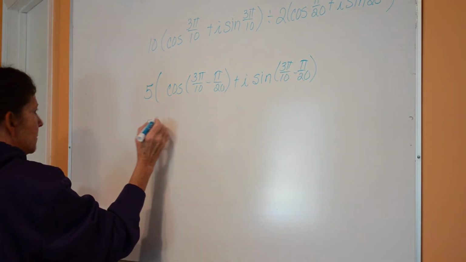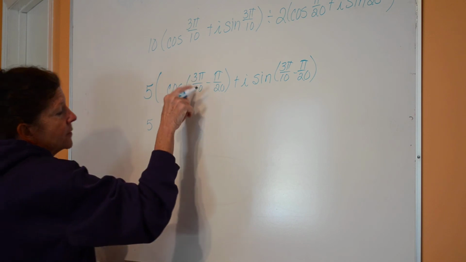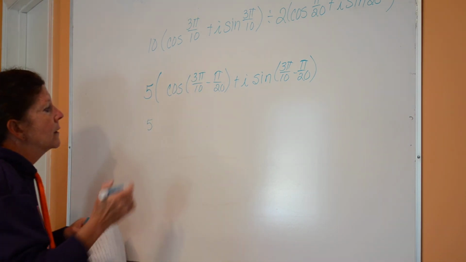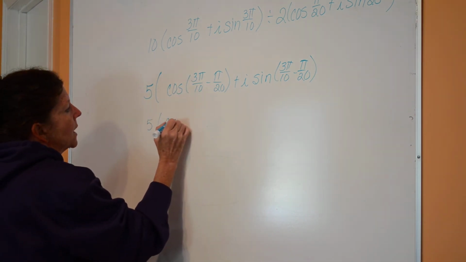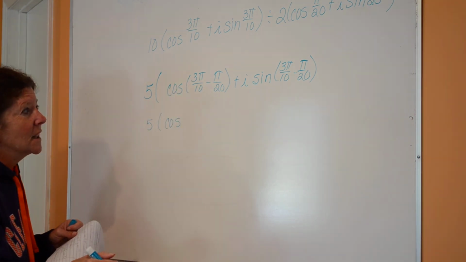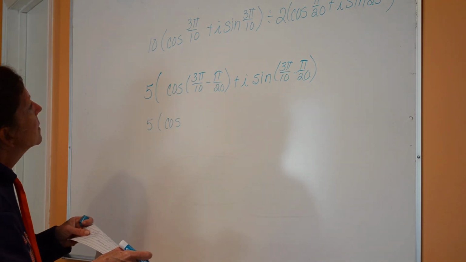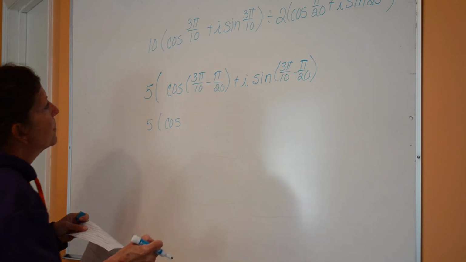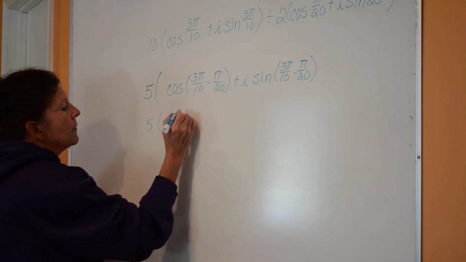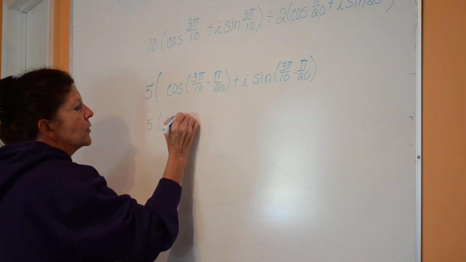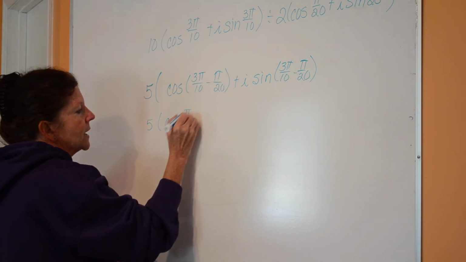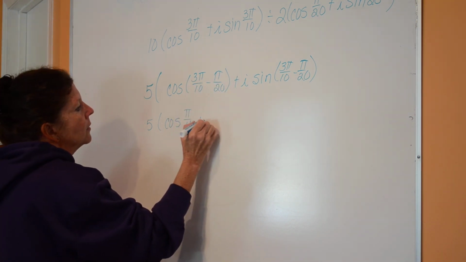So if you work it all out, you're going to have to make this a common denominator. So you've got the cosine of, this is going to become 6 pi over 20, because I'm going to multiply the top and the bottom by that. So I'm going to have 5 pi over 20, or when I reduce that down, pi over 4.